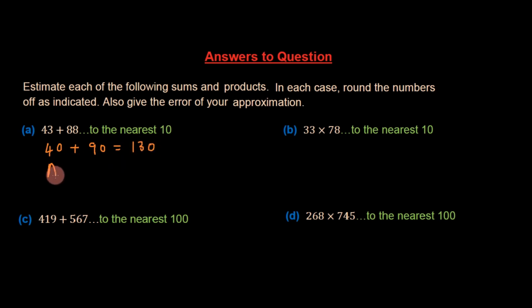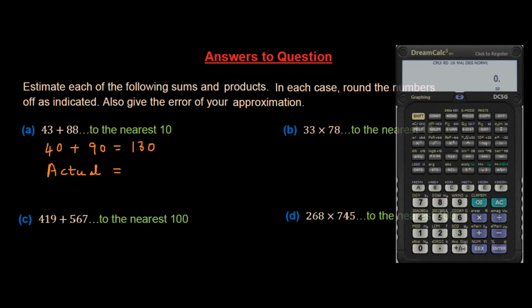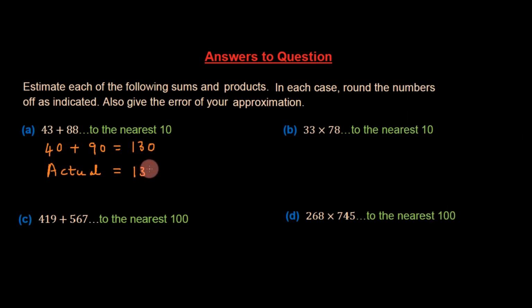Let's look at the actual. So it's 43 plus 88, and that's 131. So our error in this case will be the difference, which is 1.